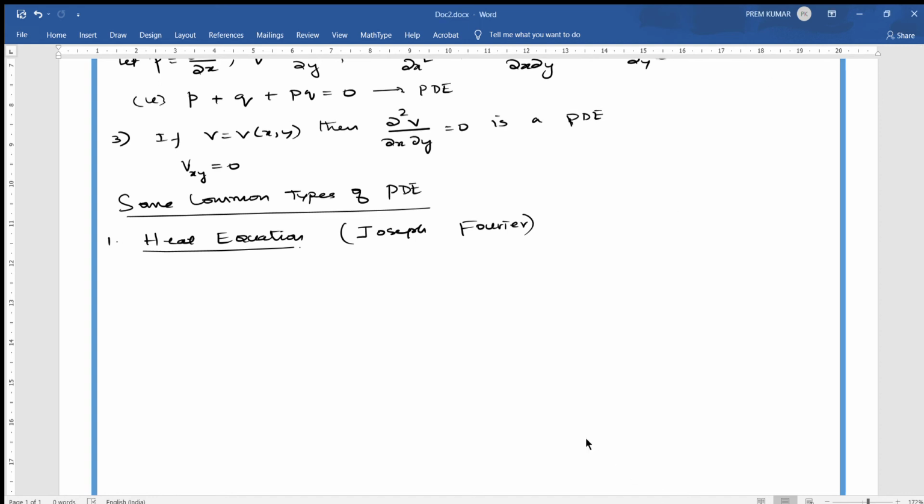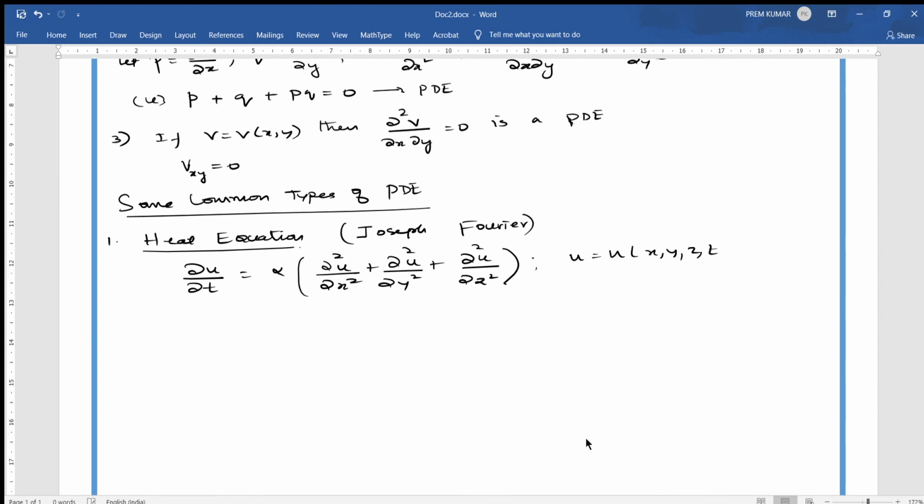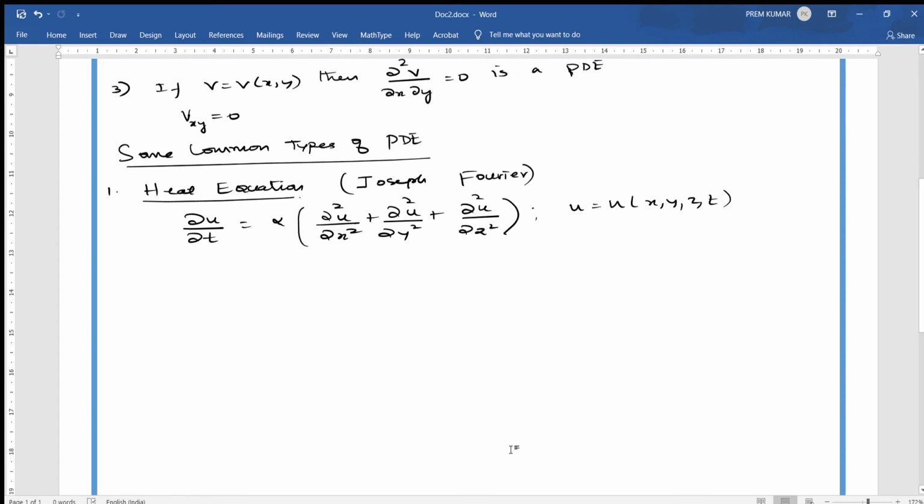First, I'll write the heat equation in 3 dimensions: ∂u/∂t = α(∂²u/∂x² + ∂²u/∂y² + ∂²u/∂z²), where u is a function of x, y, z and t. x, y, z is a point in 3-dimensional space, and t is time, so this function depends on the position as well as the time.